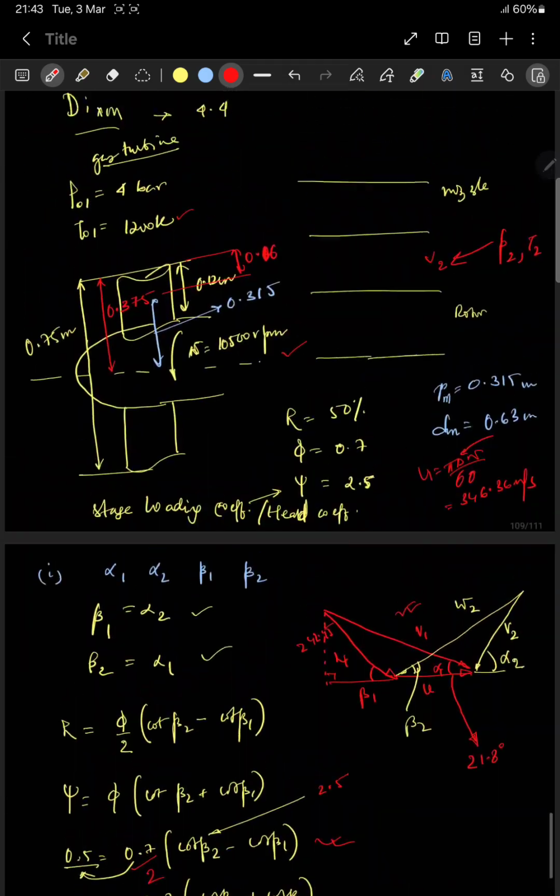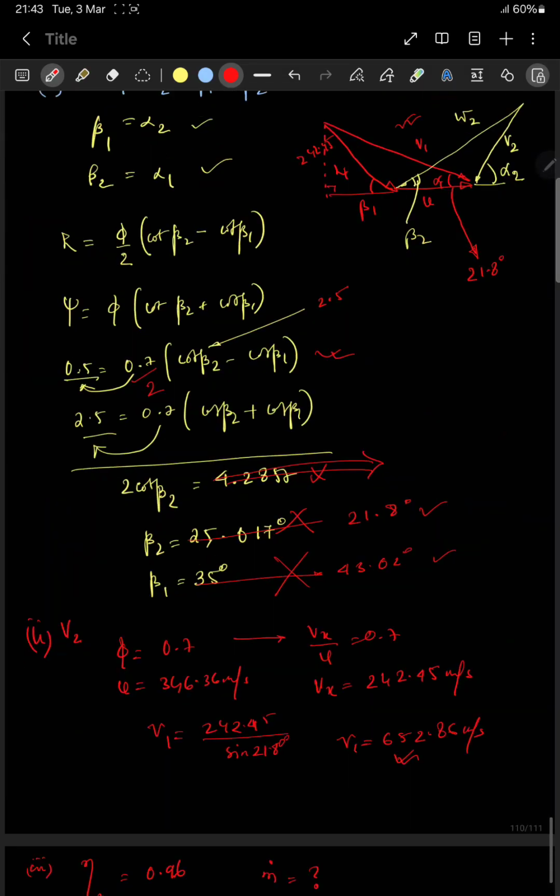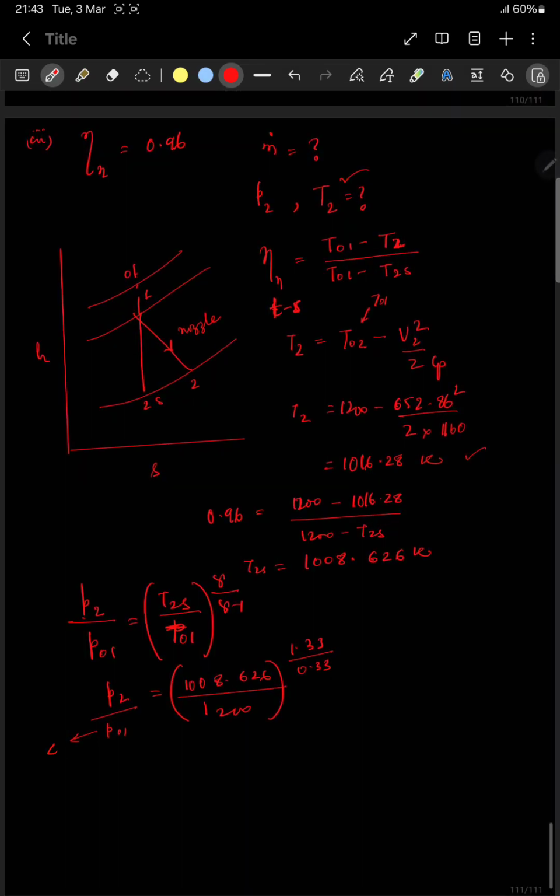How much is this P01? P01 is 4 bar. So P2 is 1.9859 bar.